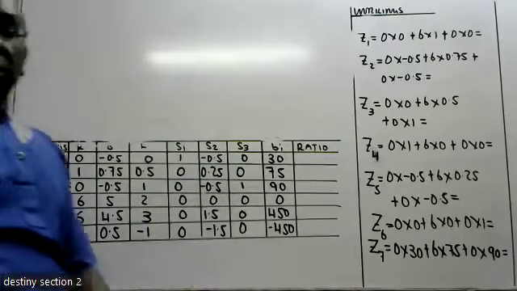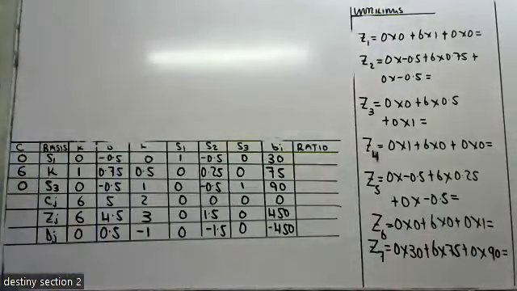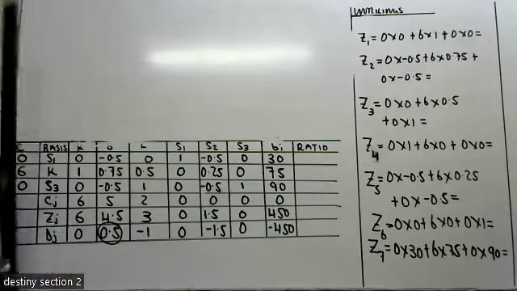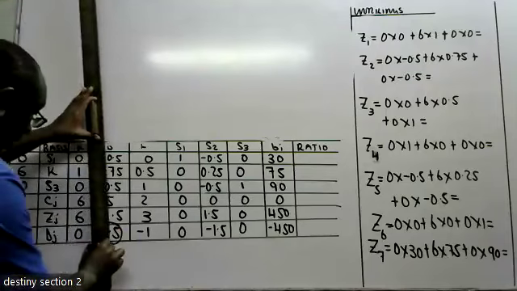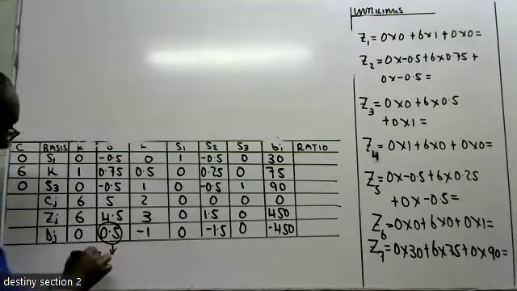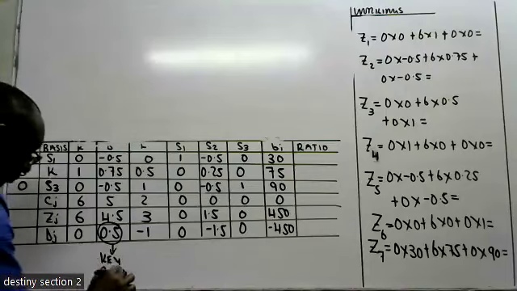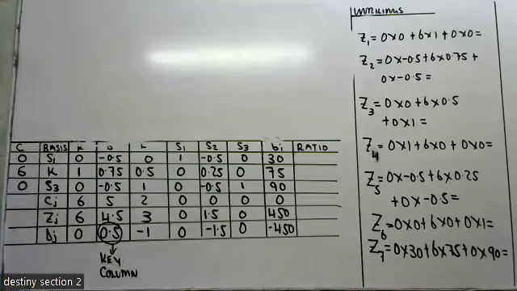Now, for us to draw another table, we have said what you do, you take the highest positive, this one. So this one becomes the key column. That is the key column.